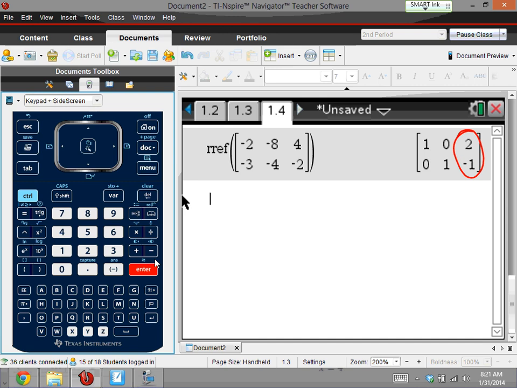You'll notice that your answer will always say 1, 0, something, 0, 1, something. And then if there's a third row, it'll be 0, 0, 1, something. Because z equals that one.